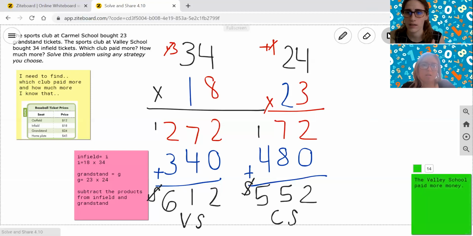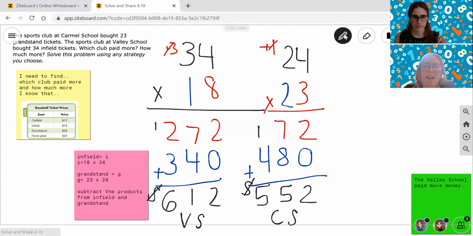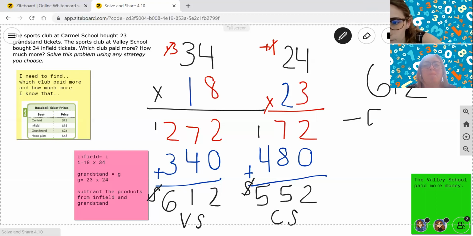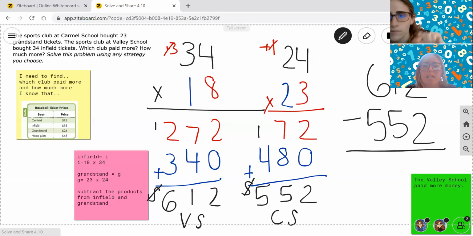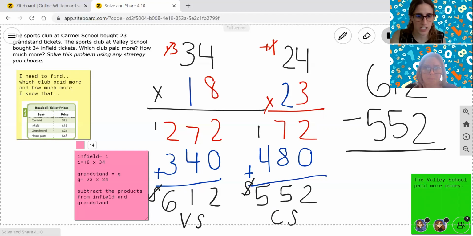So my next equation to find the final answer is going to be $612 minus $552. And here, Mr. Ortiz, it is important that we put the larger number on top since we are subtracting, because the order does matter when we're subtracting. So I'm going to quickly go back into our original equation here.